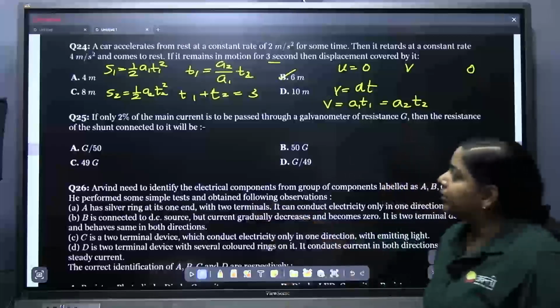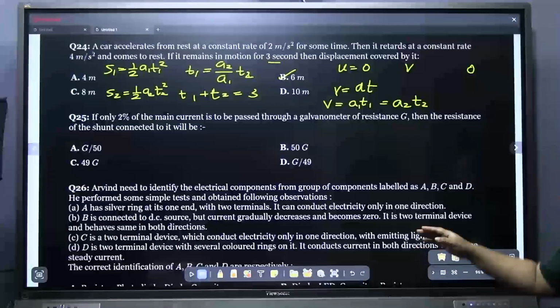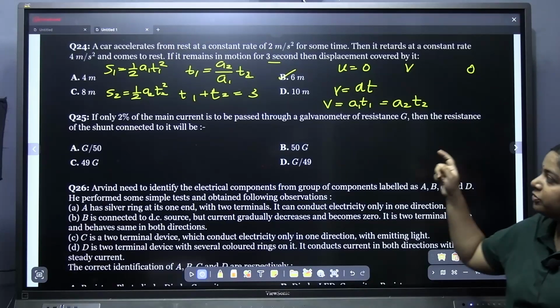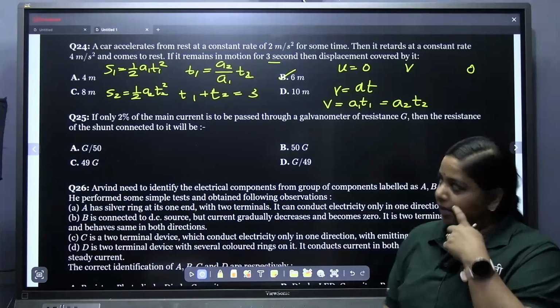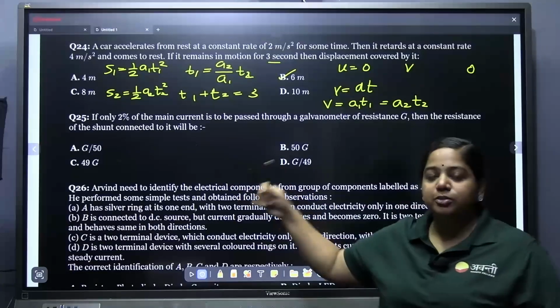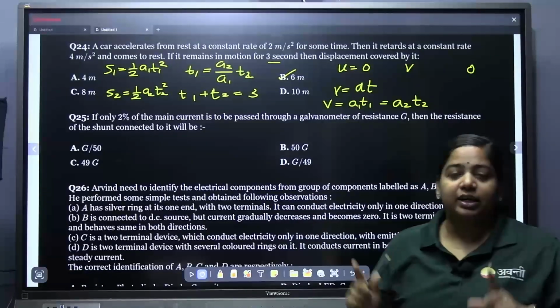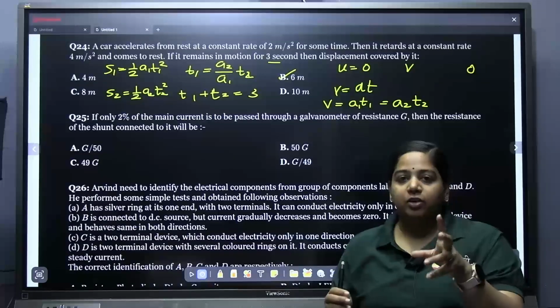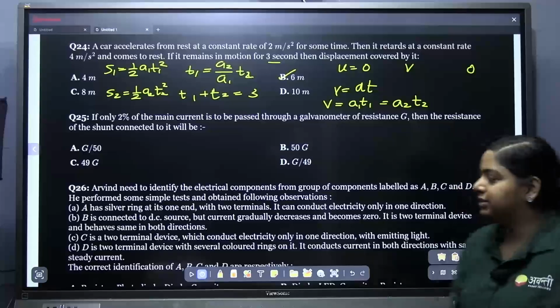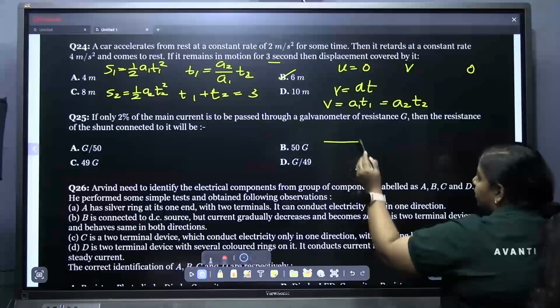If only 2% of the main current is to be passed through a galvanometer of resistance G, then what is the resistance of the shunt connected to it? Shunt resistance means a small value of resistance which is connected in parallel.